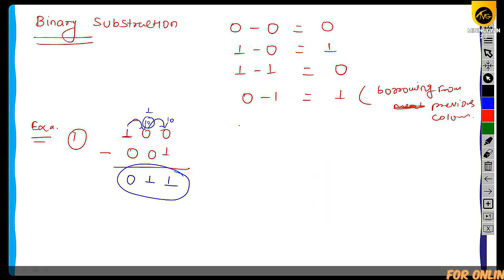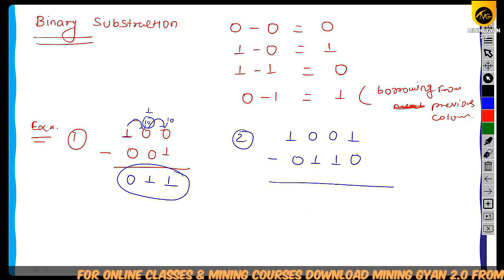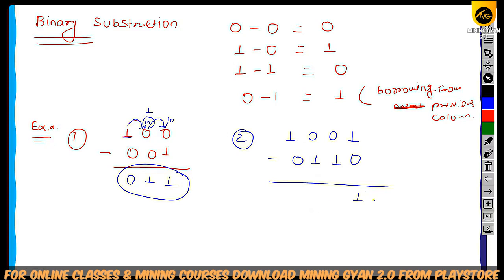Okay, the next example is, suppose 1001 minus 0110. So 1 minus 0 will be 1. Now this is 0, so 0 minus 1 is not possible. Then we need to borrow from the previous column.